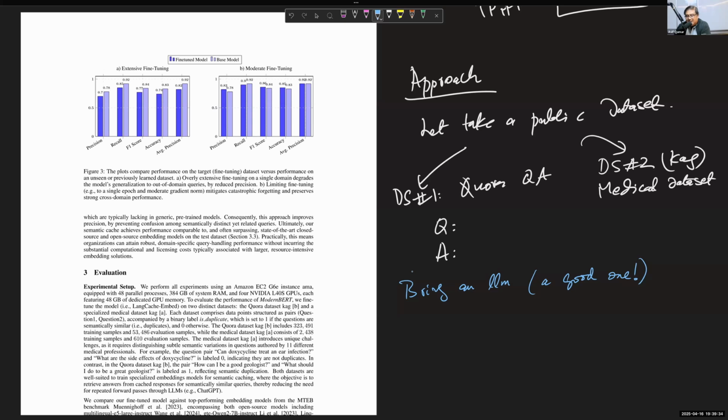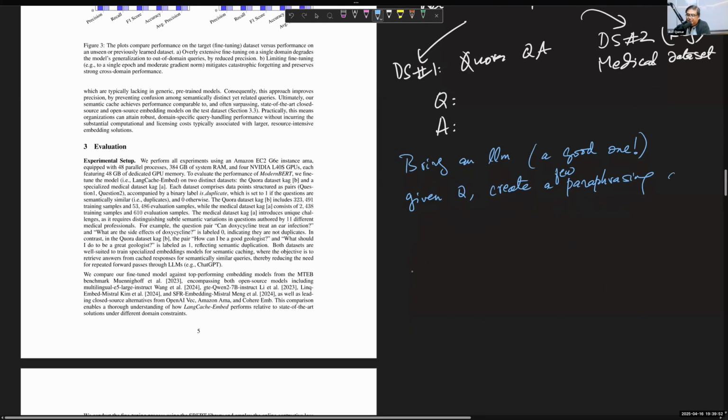Give it the task, give it a prompt: given Q, create a few paraphrasings of Q using different words, phrases, etc. So you're now using different words or phrases.